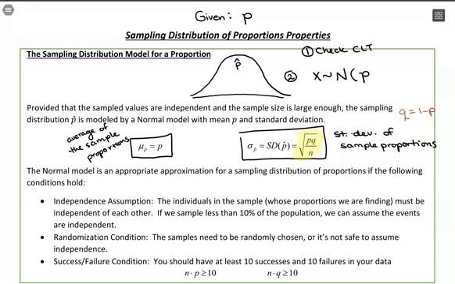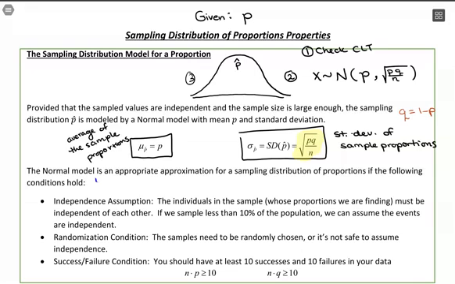So p times 1 minus p, divided by sample size. That number will give us our standard deviation. And once we have that, we can go to our bell-shaped curve and start answering questions in terms of probabilities and percentiles, all those things we're used to.